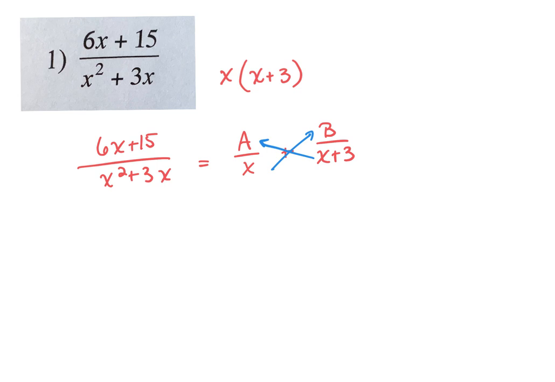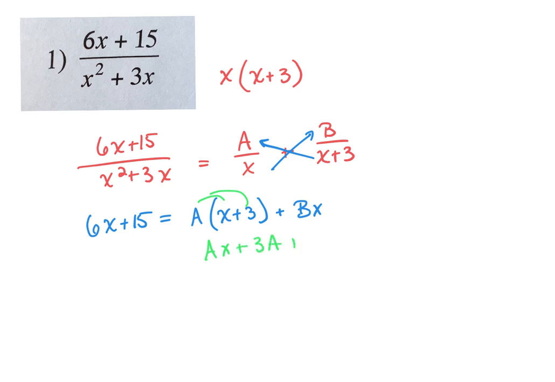All right. And so that means that 6x plus 15 could equal a times x plus 3, and then plus b times x. And so then you're going to distribute this guy, ax plus 3a plus bx.